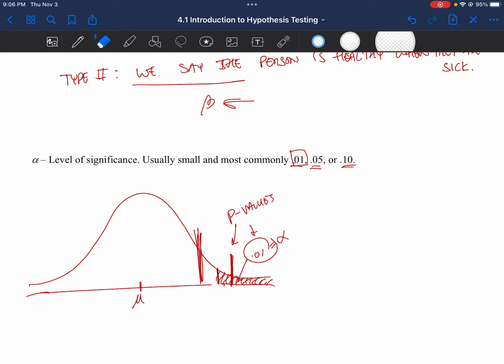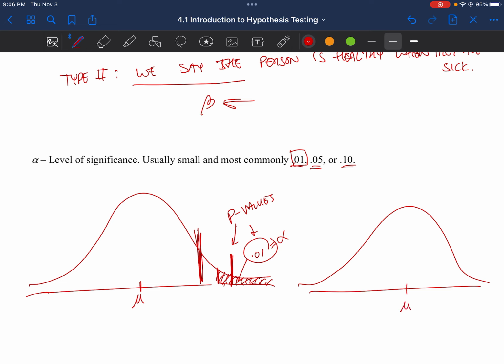The other instance is if we had the tail on the other side, it'd be the same situation. We'd put all 0.01 there. But if we had a two-tailed test, and mu is here, and we want to do this with a level of significance of 0.01, what we would do is take the 0.01 and divide it by 2, and so then we'd have an area of 0.005 here and an area of 0.005 there.